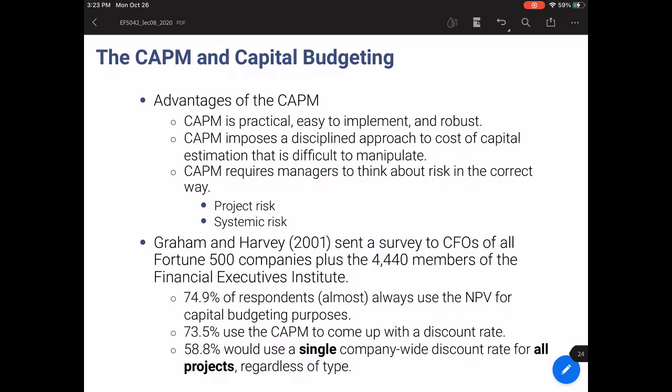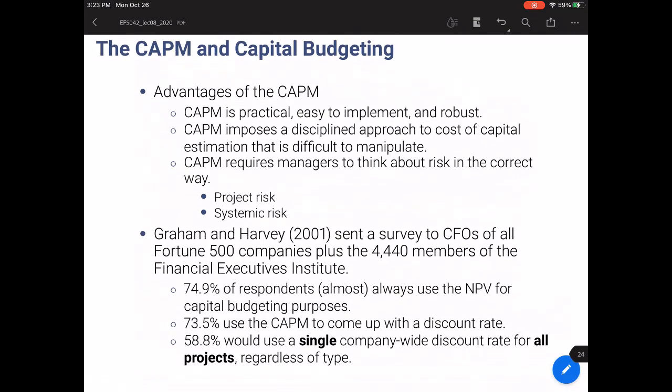It's disciplined because you can back up your assumptions. So long as you can back up your assumptions, you can rationalize your cost of capital. The CAPM is very simple because all you really need to do is figure out how to project your risk, and we can then incorporate systematic risk through the CAPM equation.